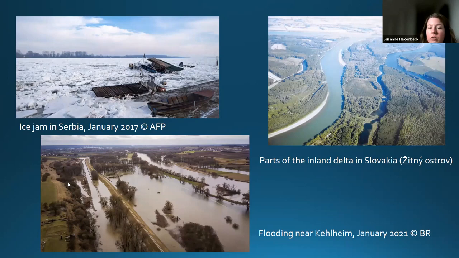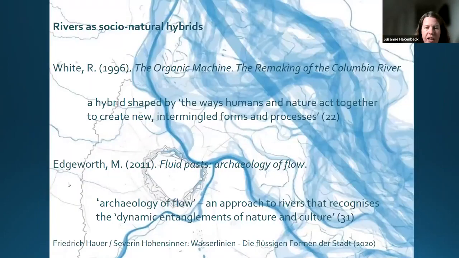And then the other concept that I work with is the idea of rivers as socio-natural hybrids. And here I've had a lot of inspiration from sociologists. So the sociology or the anthropology of water is something that's become quite topical in recent years, and that's also been taken up by archaeologists.